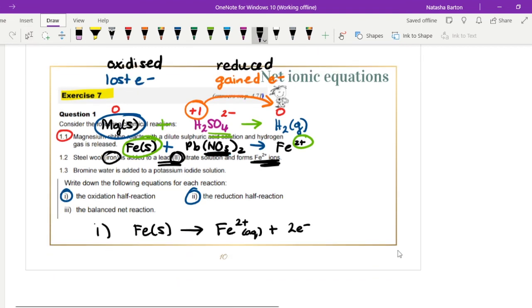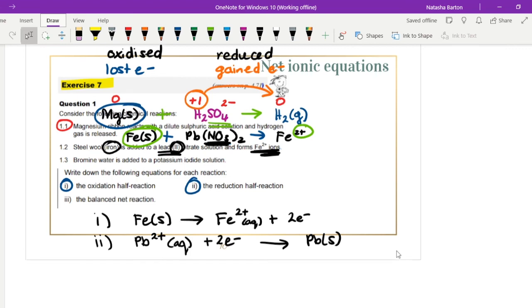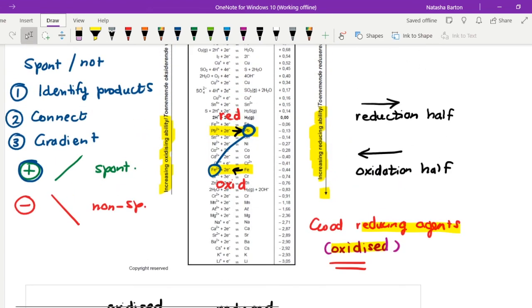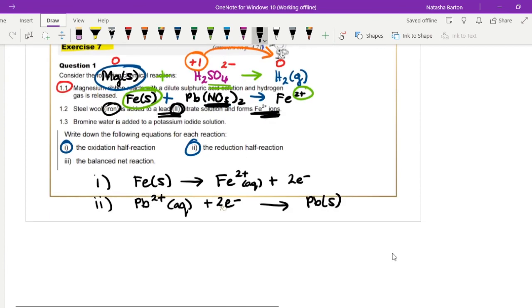The reduction half reaction, which we also take from our table, is Pb2+ is going to gain 2 electrons, and then it is going to go and form Pb solid. Let's just make sure that I've written that down correctly. Yes, I have. Okay, so now we have these two.